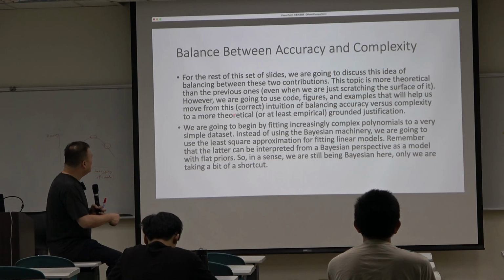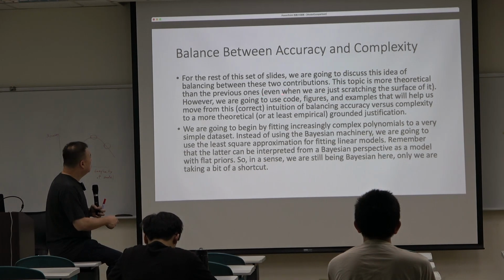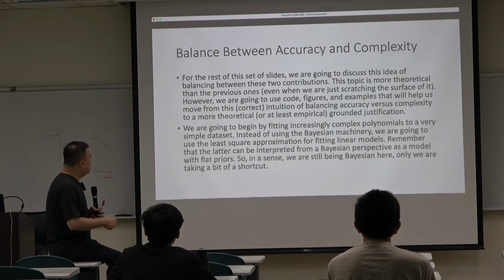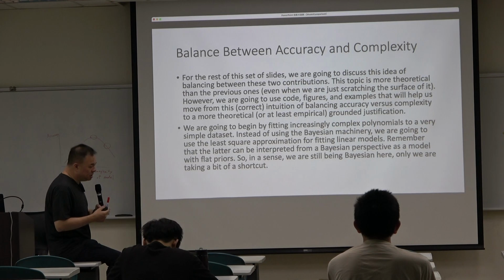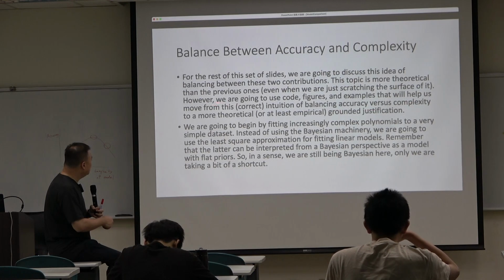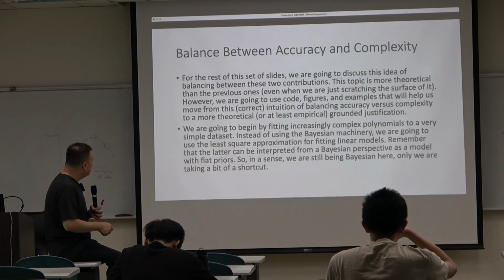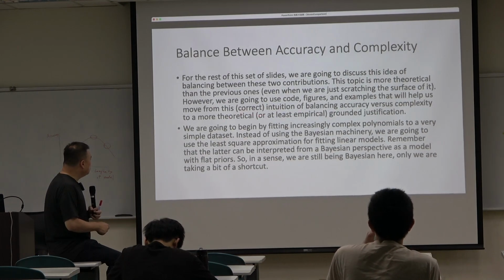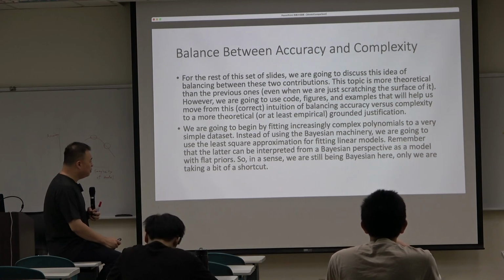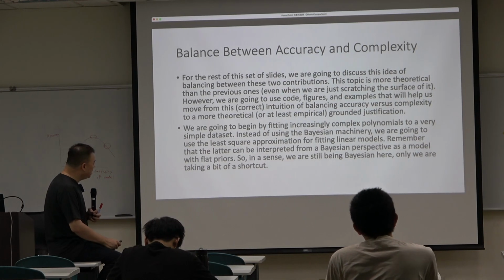We are going to use code, figures, and examples to help us understand this intuition of balancing these two things. We are going to begin by fitting increasingly complex polynomials to a very simple data set.